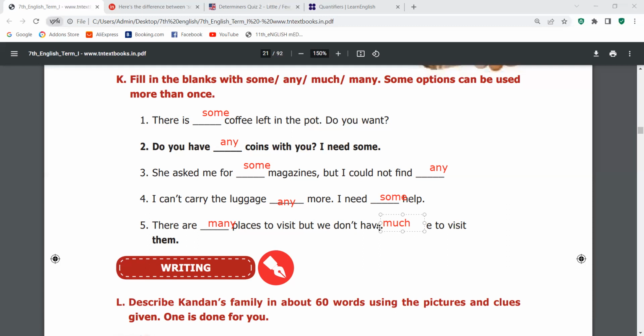We use some before an uncountable noun. We use few before a countable noun. So we need to understand the meaning of the sentence and choose the determiner accordingly.